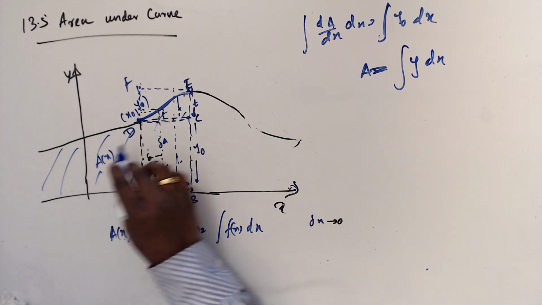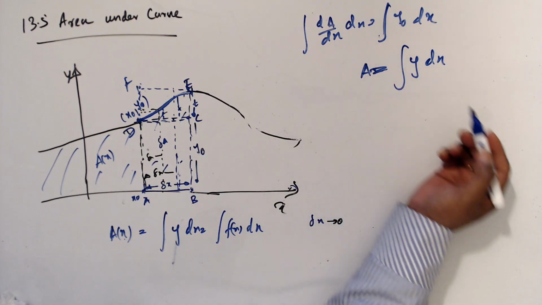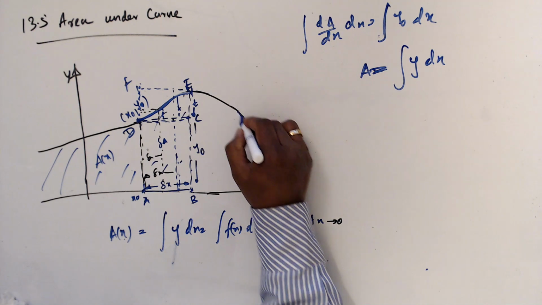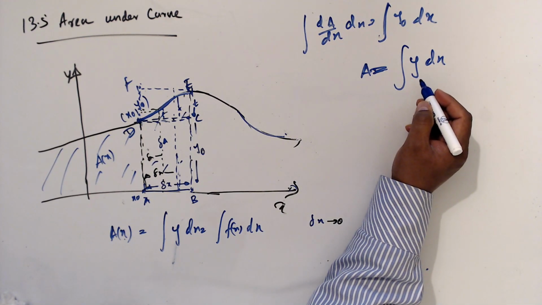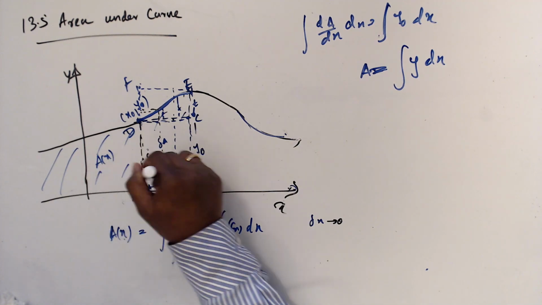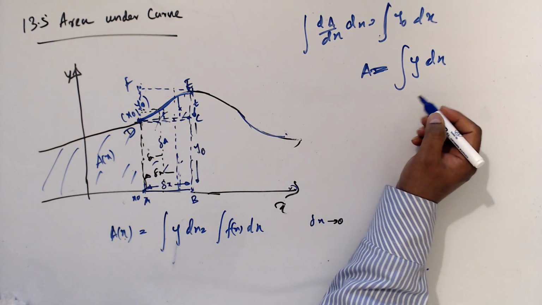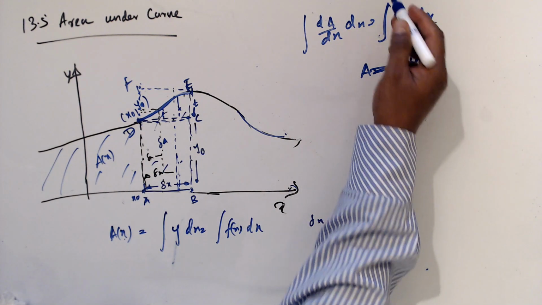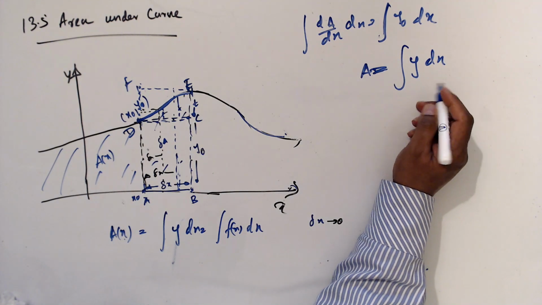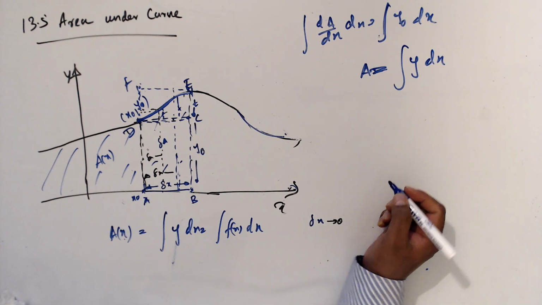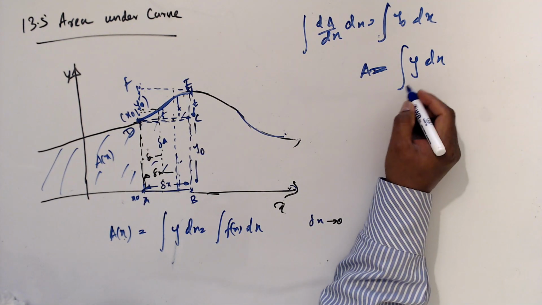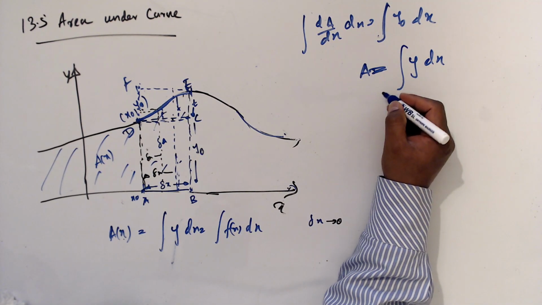In general, y means any place on the standard curve, y equals f(x), and y is the height at any given place. In that case, it is up to x naught. Now, what is the meaning of that?